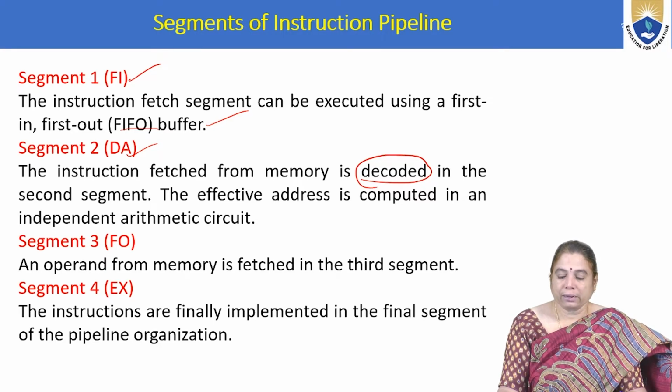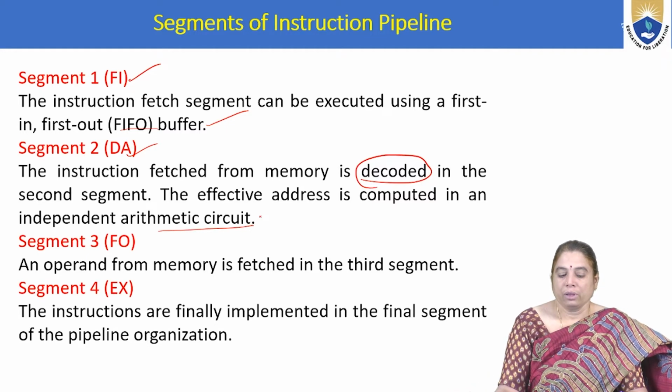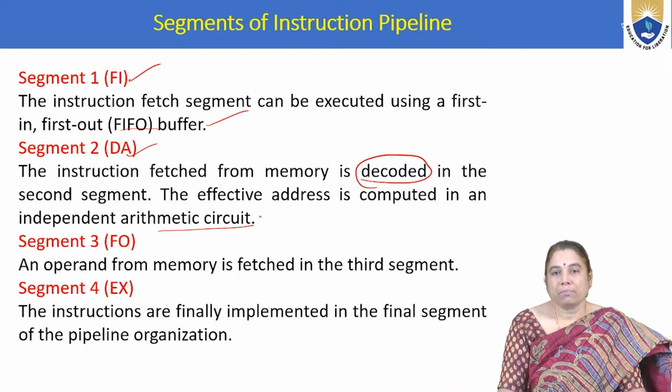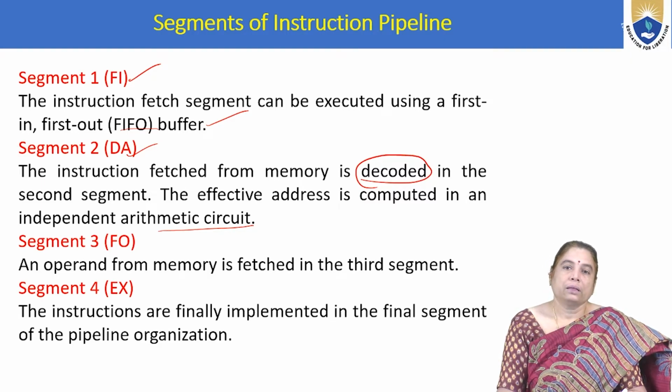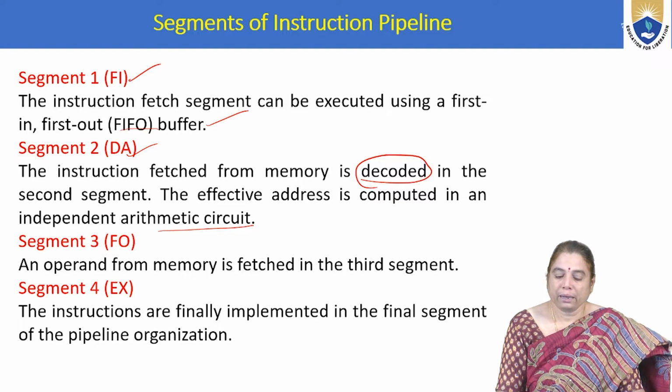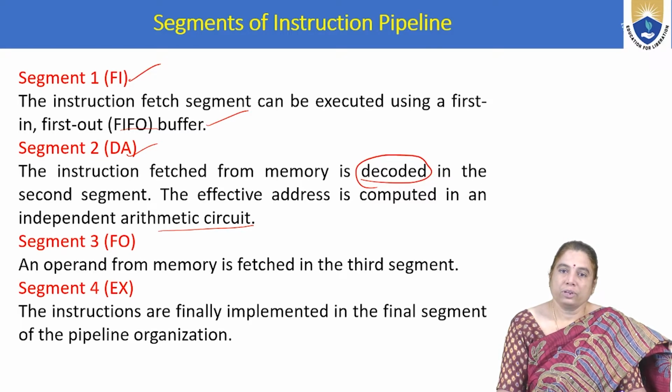The effective address is computed in an independent arithmetic circuit. So where the operand is available, whether it is direct or indirect, or depending upon various addressing modes, the effective address of the operand can be calculated in the second segment, and it can be referred as DA.